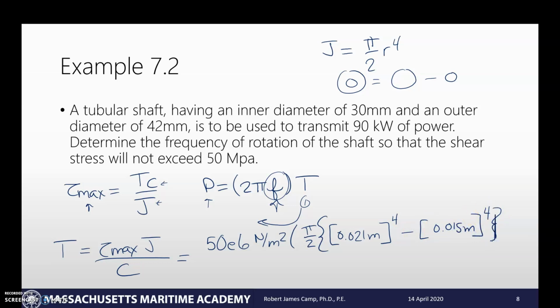Once again, it's very important to do each of these individually: 0.021 to the 4th minus 0.015 to the 4th, because that is not the same as doing the outside radius minus the inside radius and raising it to the 4th. So you do have to do those separately. And then we're going to divide that by C. C is the distance from the neutral axis to the outside surface, so in this case we want the outside one, 0.021 meters.